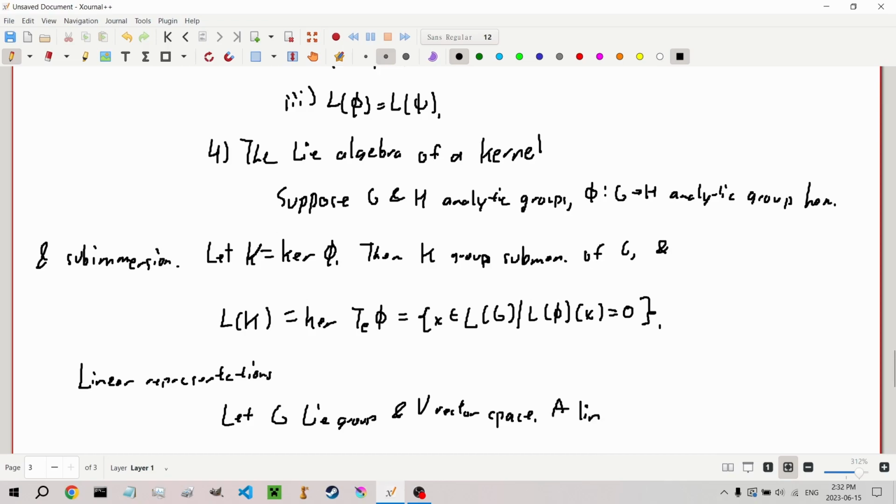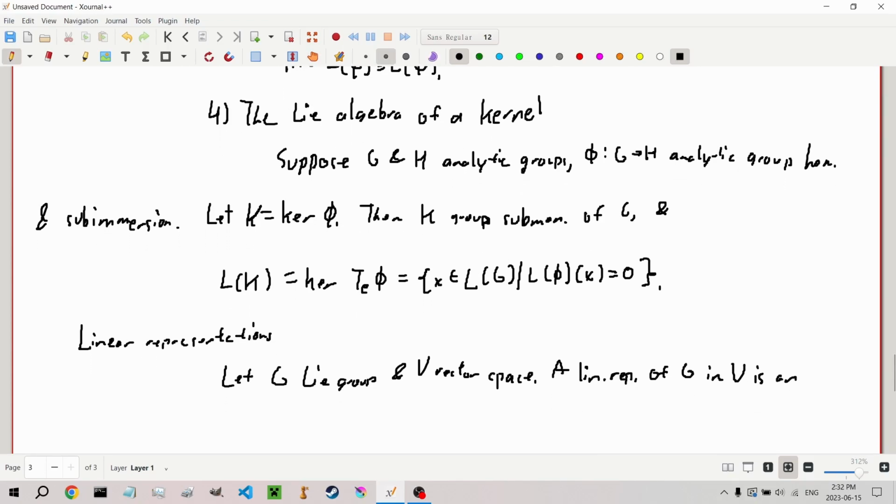A linear representation of G and V is an analytic group homomorphism sigma from G to the general linear Lie group of V. Then G acts on V by sigma.